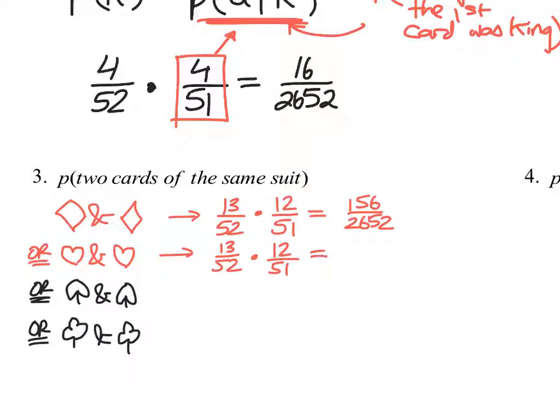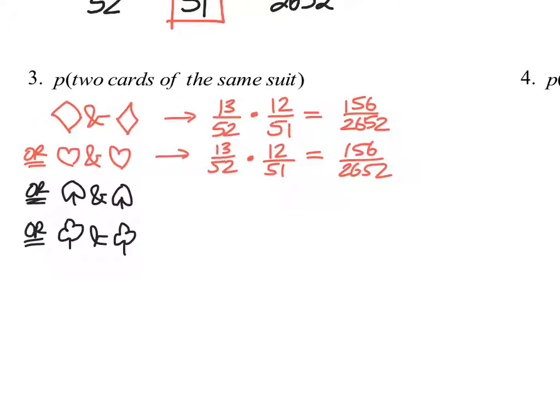I'm going to get the same value. So then it begs the question, is there any reason to think that the values would be any different for spades than for clubs? No. So why not just take 4 and multiply it by 156 over 2652?